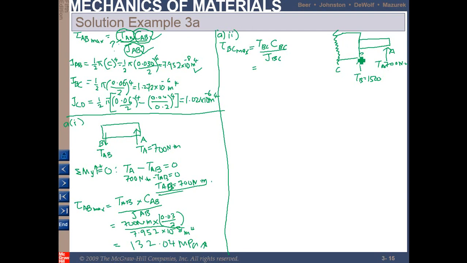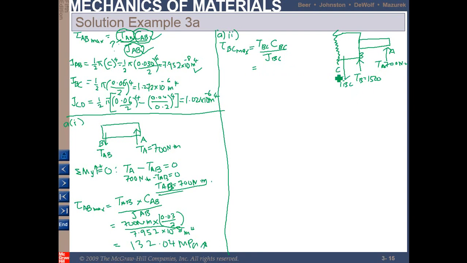So you give two torques at A and B, 700 and 1,500, and between B and C there is a resisting torque in the opposite direction of A and B, which is known as torque BC.